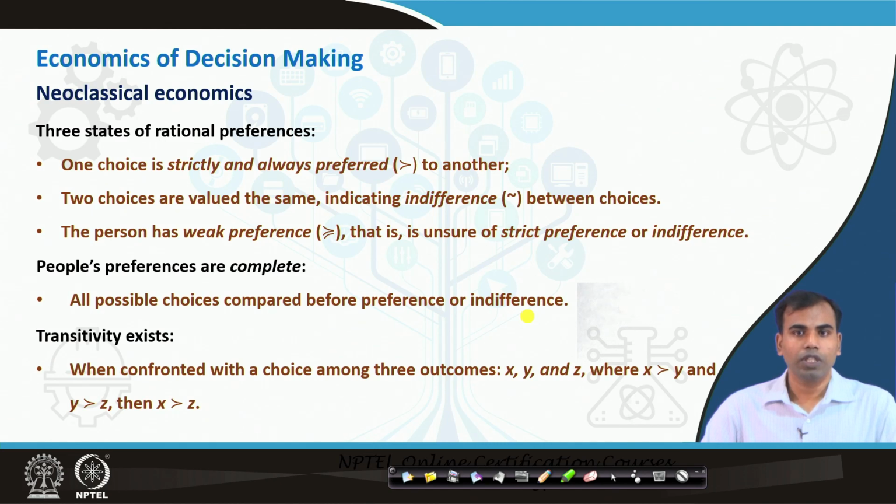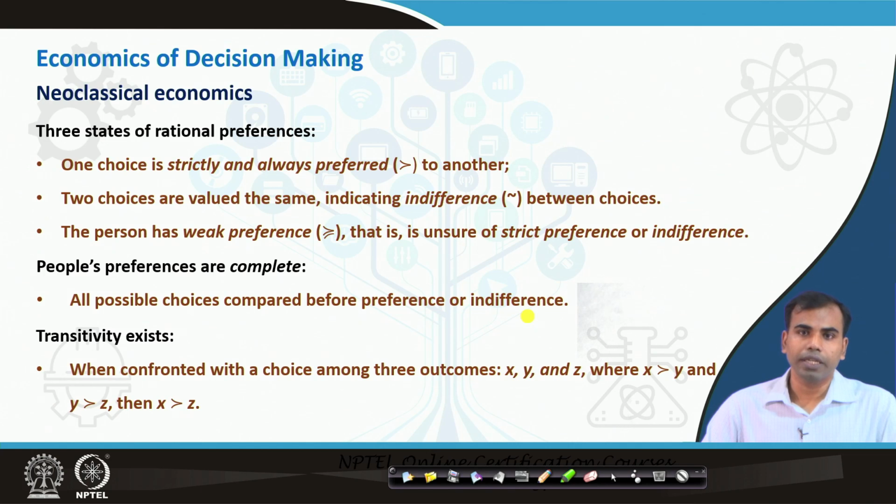So, whether an economic agent makes a choice of alternative A or alternative B, it does not make any difference in terms of the utility or the benefit derived. The third state of rational economic preference is the unsurety of the economic agent.